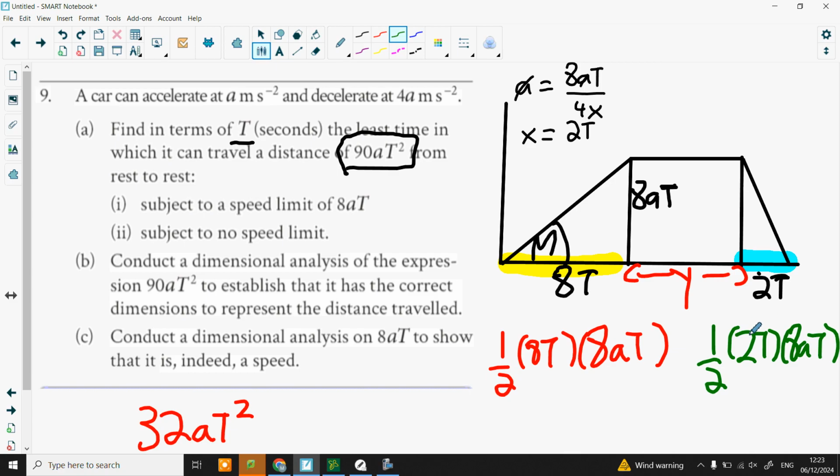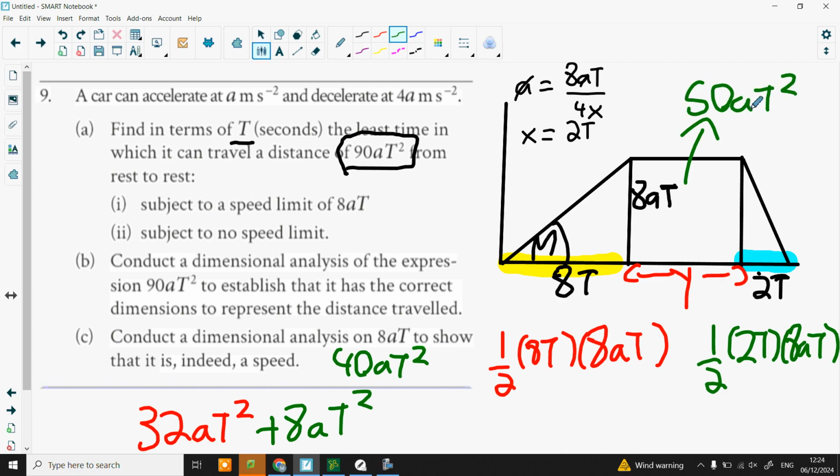What do we get here, guys? AT squared, yeah. And combined, the two of them are worth how much? 40 AT squared, yeah. So that means this central rectangle needs to be responsible for how much? Has to be responsible for 50 AT squared because the whole thing has to add to 90.